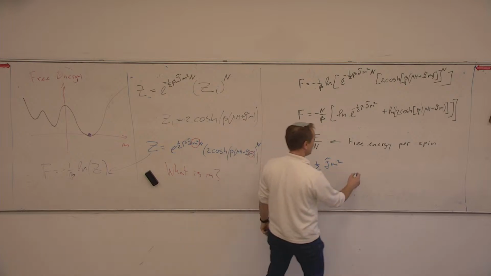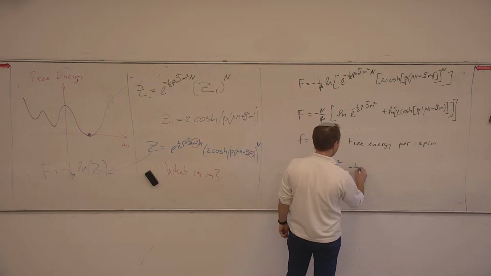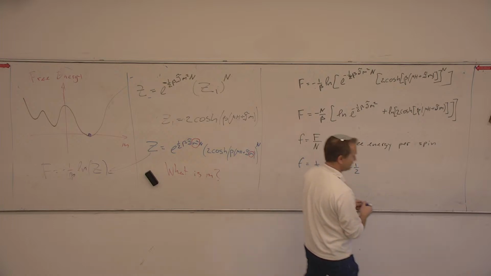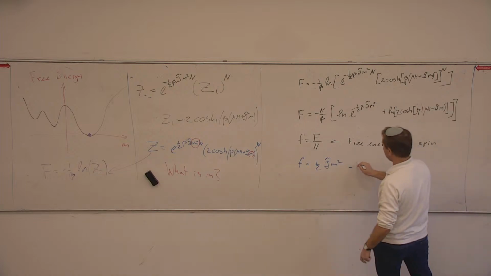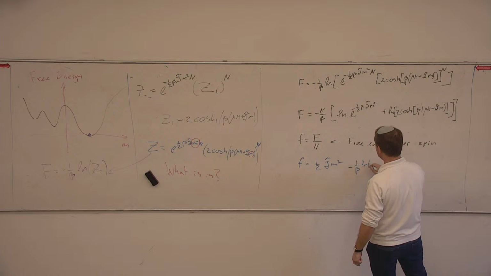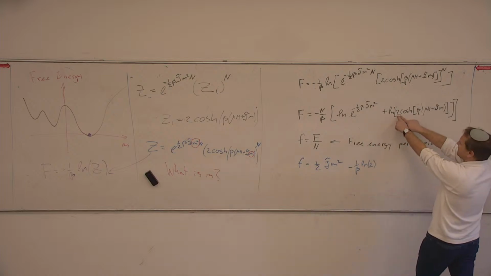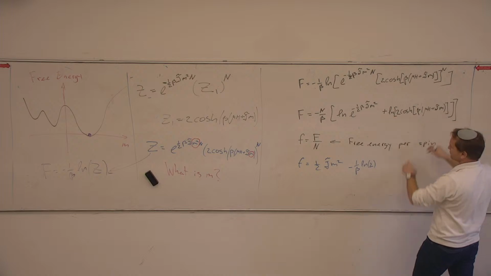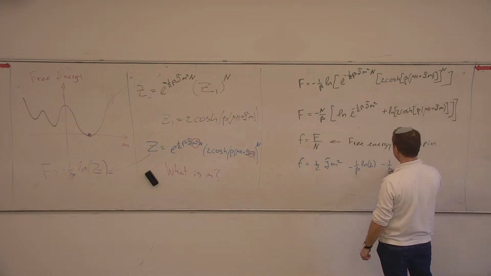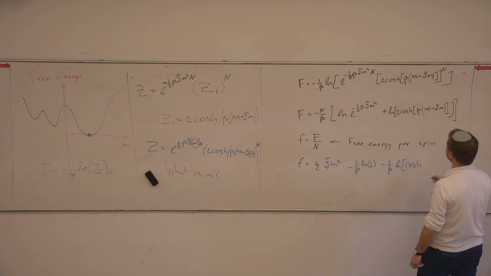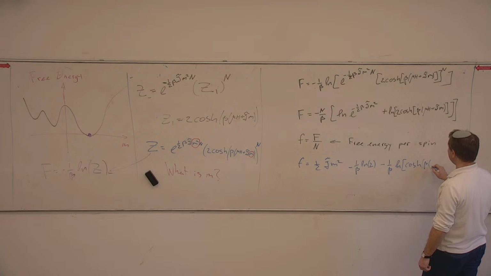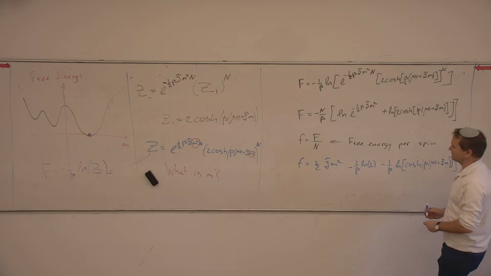The second term, I'm sorry, there's no 1/2, it's just minus 1 over beta log of 2. I separate the 2 and the cosine. I have minus 1 over beta of a log of a hyperbolic cosine of beta mu h plus j tilde m, and I close all the parentheses.